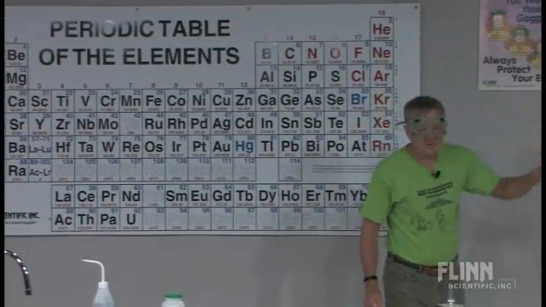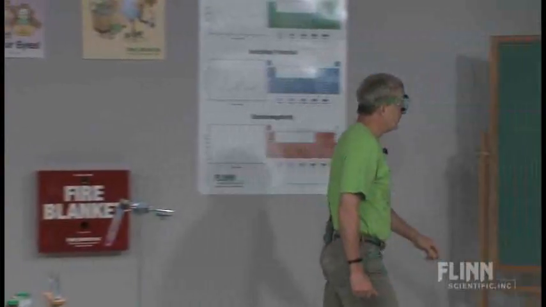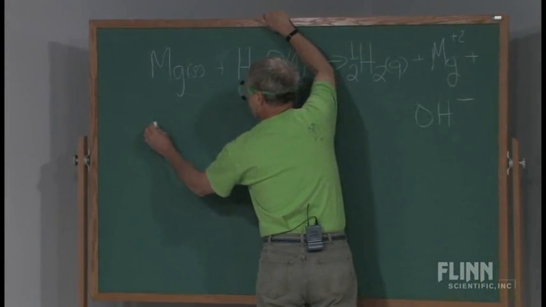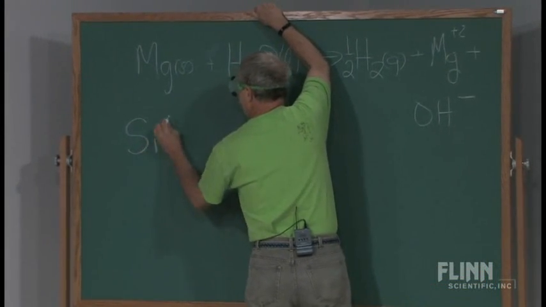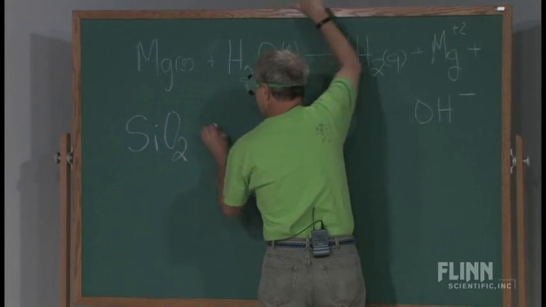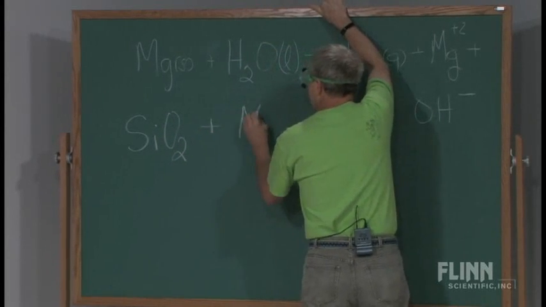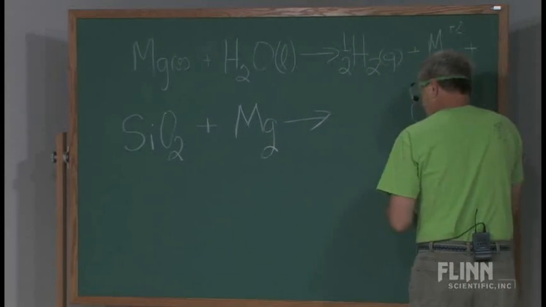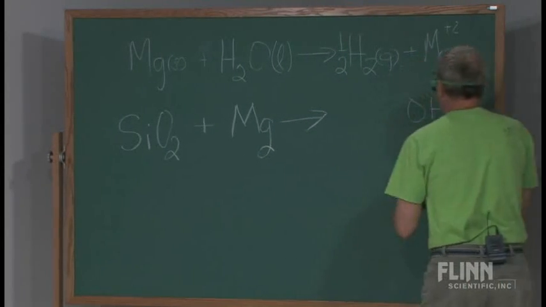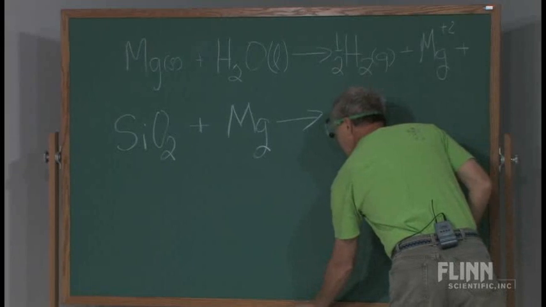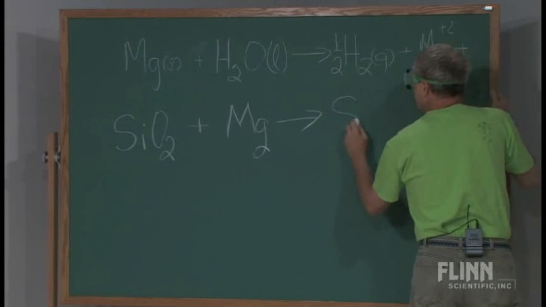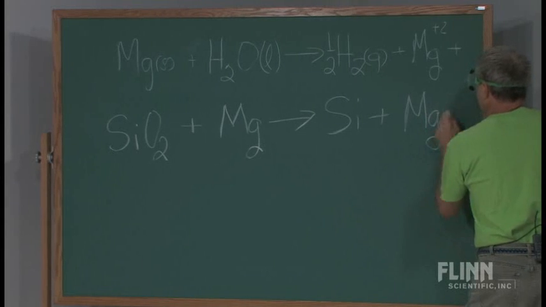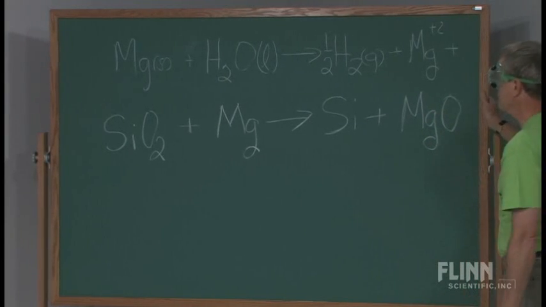And again, I'm going to go over to the board briefly, and I want to think about that reaction first. And so here I'm talking about SiO2, magnesium, and my products this time are going to be silicon and magnesium oxide, MgO.